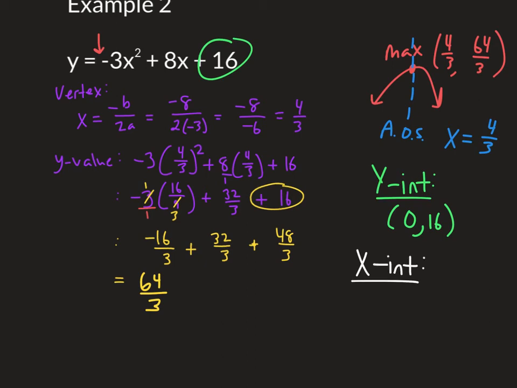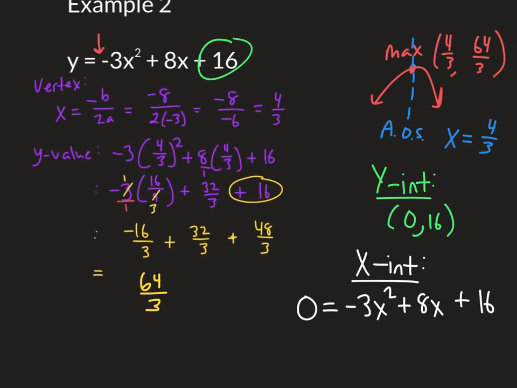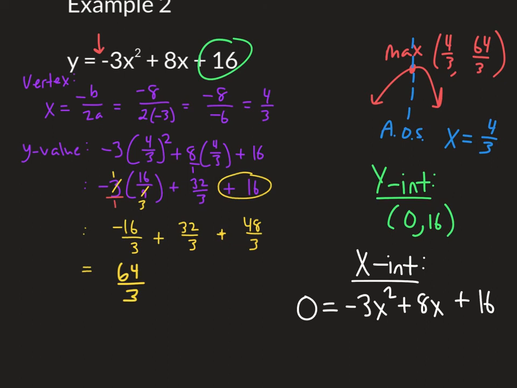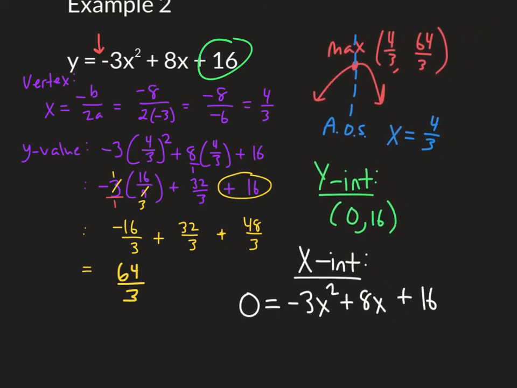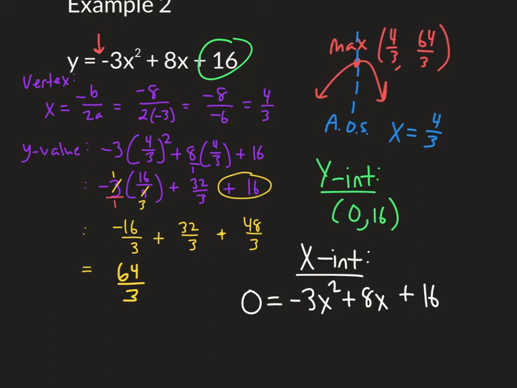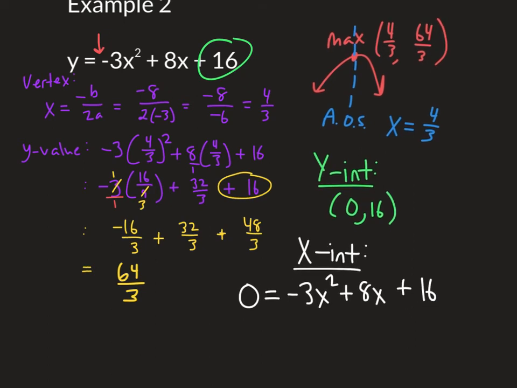Okay, so if we set the whole equation equal to 0, okay, instead of y equals, we'll make it 0 equals -3x squared plus 8x plus 16. Okay, and again, this is going to go back to some of the old methods that we did previously. Now, it may very well be factorable, doing the 3 times 16 method and trying to split up the middle term, and that's fine if you want to do it that way.